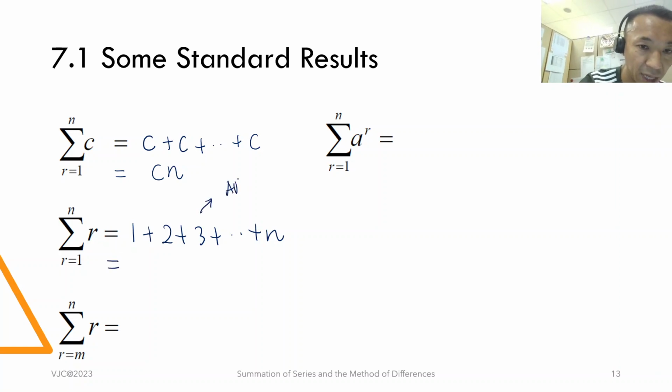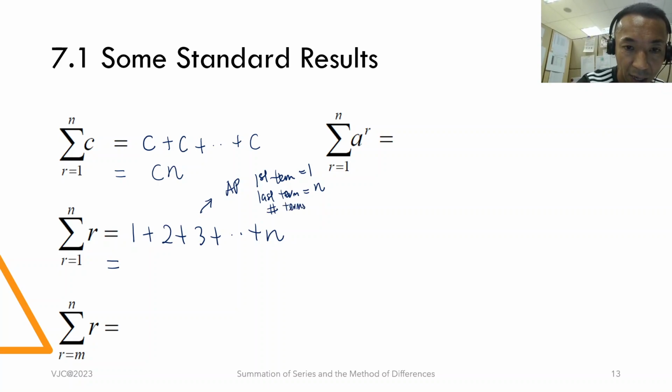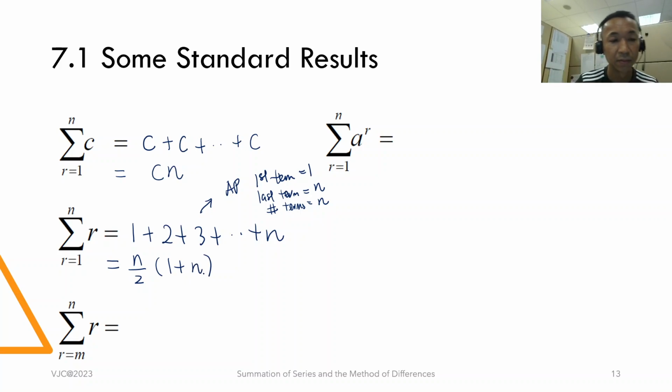This is an AP with first term equals 1, last term is n, number of terms also n. So actually it's n over 2, first term plus last term. Okay, go and revise your AP if you are not clear.